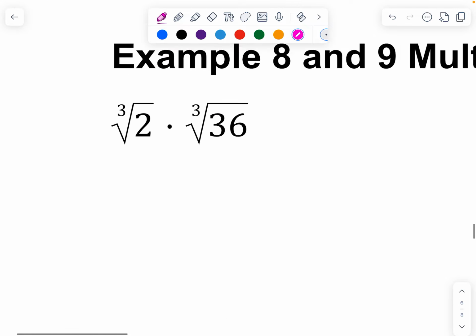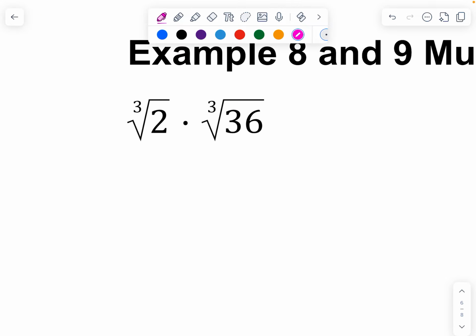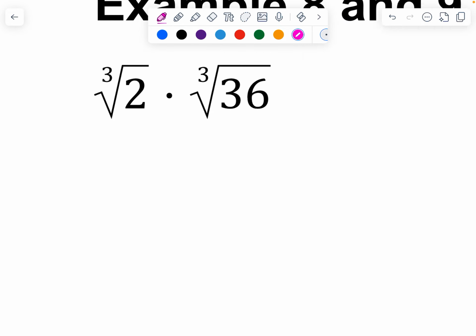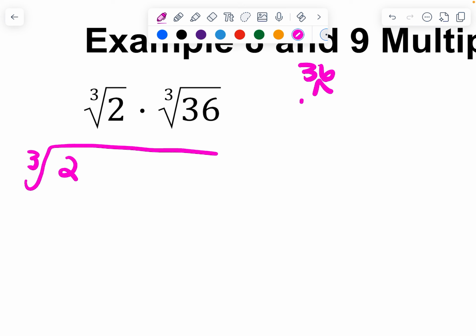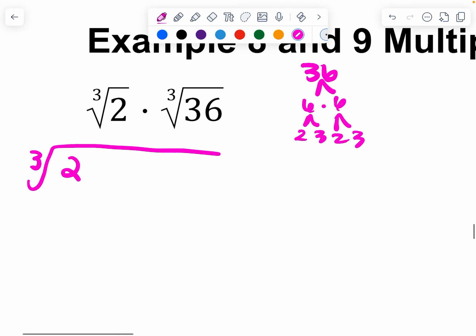Okay. This one, we're multiplying or dividing, depending on which one. Cube root. Again, I don't want to actually move these, or whatever I want to say, multiply them. Okay, this is 6 times 6. This gets me 2, 3, 2, 3. So I have 1, 2, 2, 3.